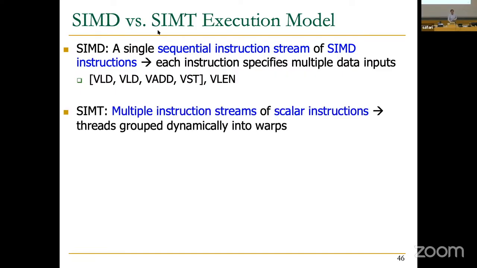Whereas SIMT is multiple instruction streams, multiple threads, in other words, of scalar instructions. So what you do is really sequential scalar programming. You don't need to think about a vector length. You just say, this is the code I want to execute on a single element. And if I happen to execute this code on 1,000,000 elements, that's great. I'll specify the size of that block and execute this code on that 1,000,000 elements.